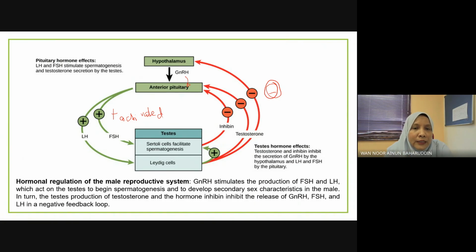If the hormones are exceeded, testosterone is released, which then gives negative feedback to the hypothalamus to stop stimulating the anterior pituitary gland. So this should be balanced between inhibition and activation.